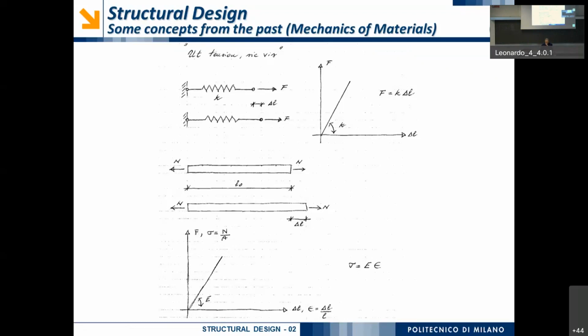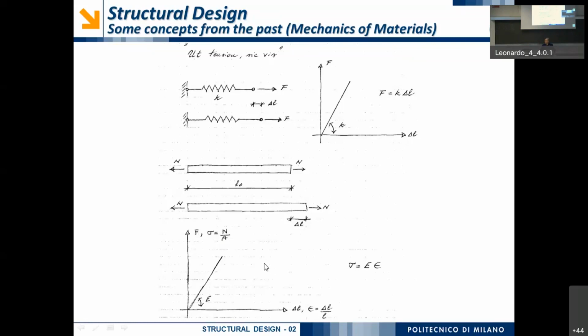When I divide the applied force by the area of the cross-section, the consequence is that I have a stress, so a local pressure, a distribution along the cross-section of local pressures, okay? And that's the definition of local normal stress.